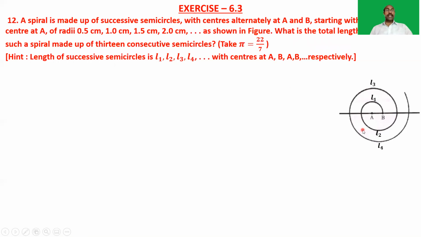What is the total length of such a spiral made up of 13 consecutive semicircles? Take pi as 22 by 7. The hint is that the lengths of successive semicircles are l1, l2, l3, l4, like that, with centers A, B, A, B respectively.